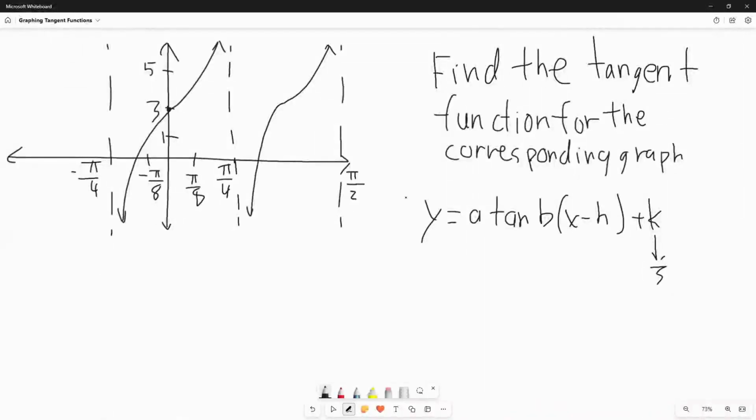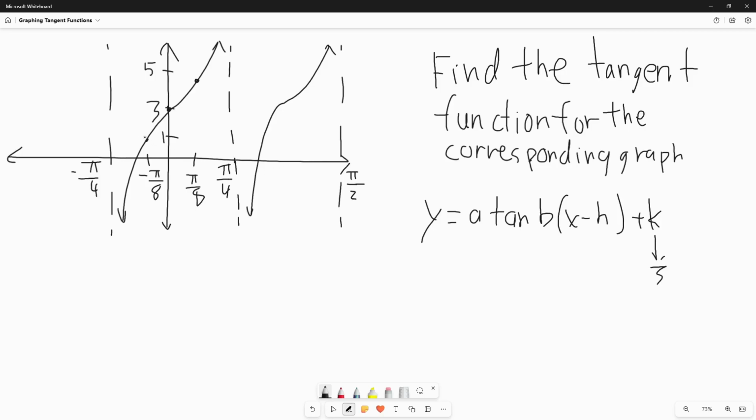Now let's find a. To find a, we need to start with finding what the points (pi over 4, 1) and (-pi over 4, -1) have been moved to. In this case, they've been moved here, which is (pi over 8, 5), and here, which is (-pi over 8, 1). And you can see this because they are exactly 1/4 the distance from pi over 4 to -pi over 4, which is the period.